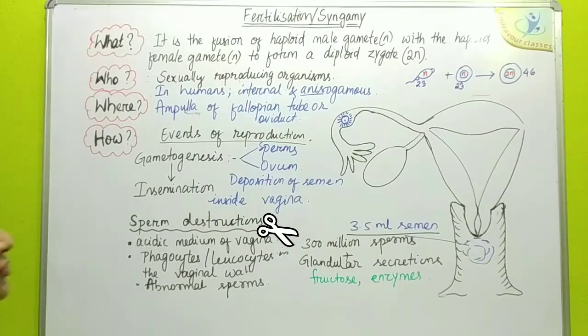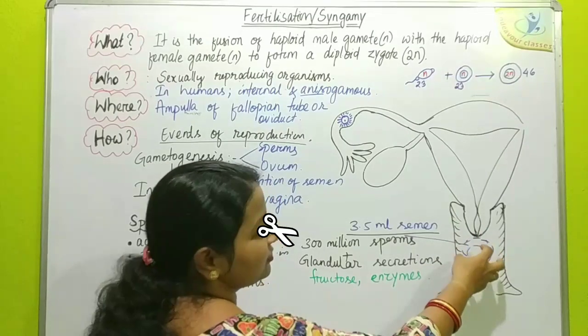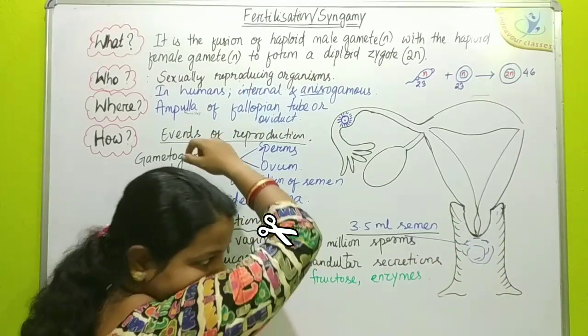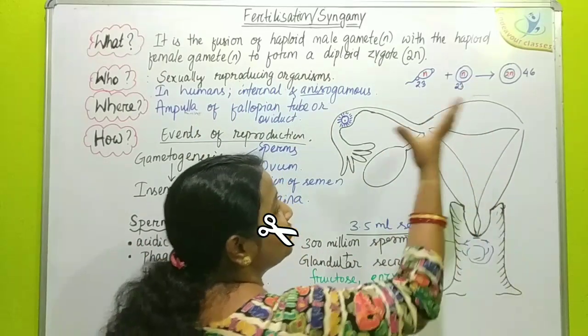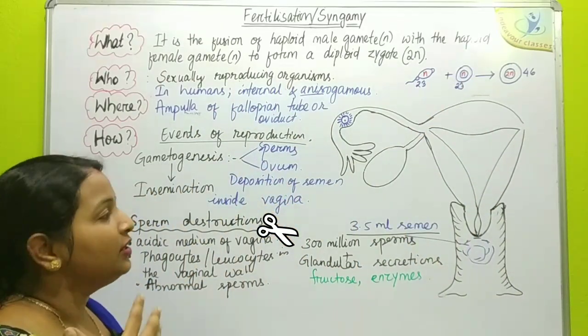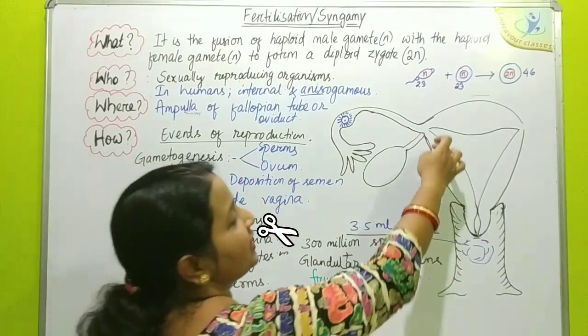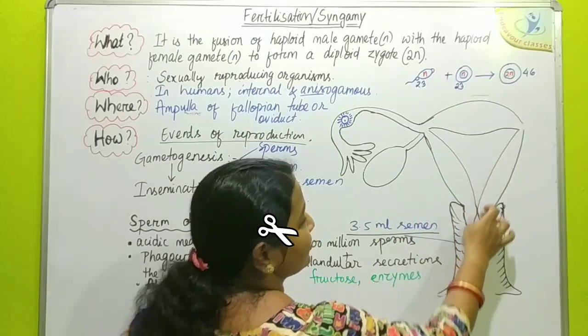During sexual intercourse, the sperms from the vaginal chamber are taken up into the uterine cavity by continuous contraction of the smooth muscle layer of the uterus.